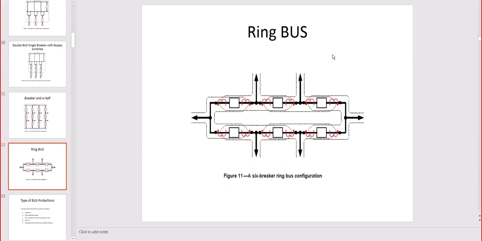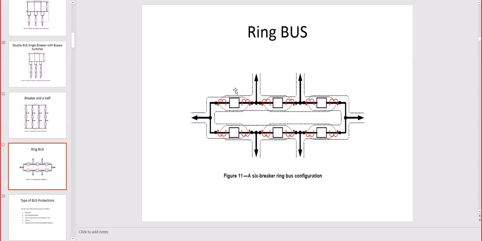Ring bus is what we have in the switchyard. So the switchyard is related to this. Ring bus means each feeder gets connected to 2 power supplies at the same time, so it can receive power from left and right. And if one breaker trips, you interrupt the ring, but the power continues to flow through the other breaker.